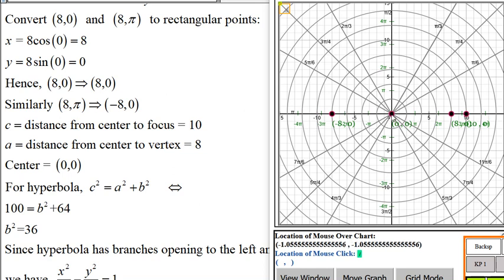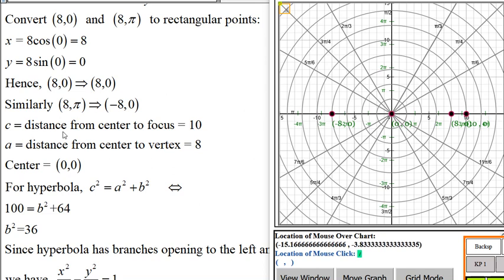And so therefore the center will be at the point (0, 0). Since the vertices are here and here, one branch will open to the right, and the other branch will open to the left.